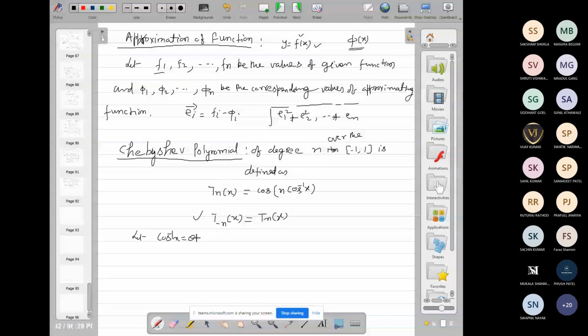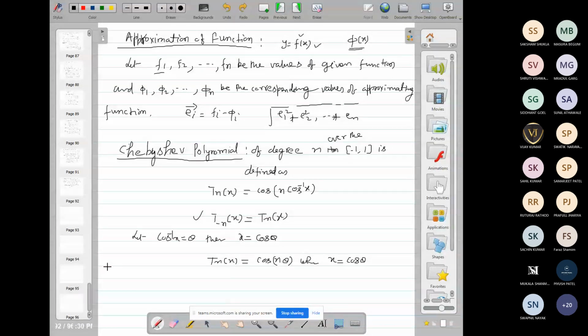Then we have x equal to cos theta, and Tn(x) becomes cos of n theta, where x is equal to cos theta, theta is cos inverse x. Tn(x) is equal to this.